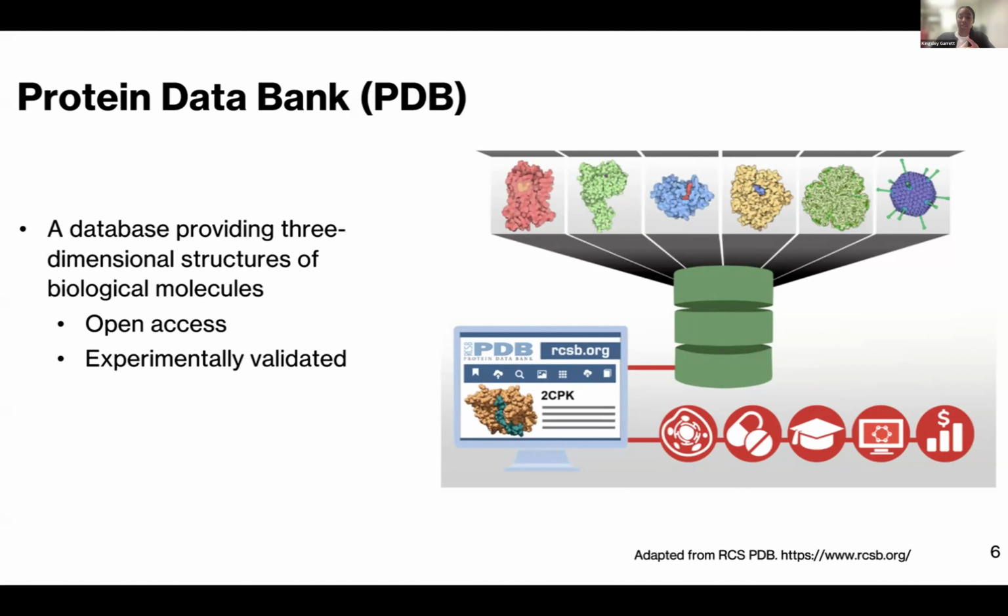And secondly, it provides experimentally validated structural data of the extracellular matrix proteins, especially ones part of the core matrisome and matrisome-associated factors. And so with this, PDB offers comprehensive information on the entire biological assembly, so how multiple protein molecules interact and function together. And this can help us with our understanding of the structure and the function of the ECM proteins, which is essential for our research of the extracellular matrix.